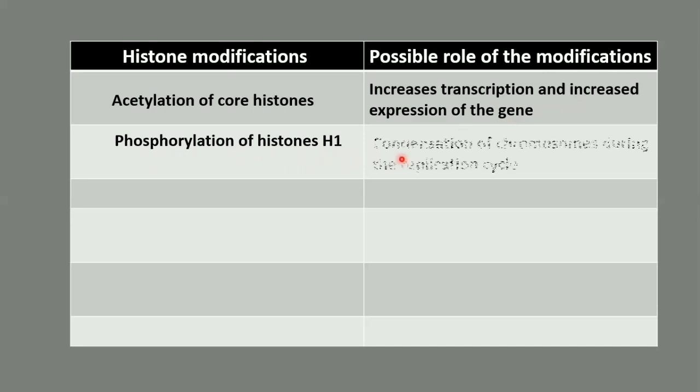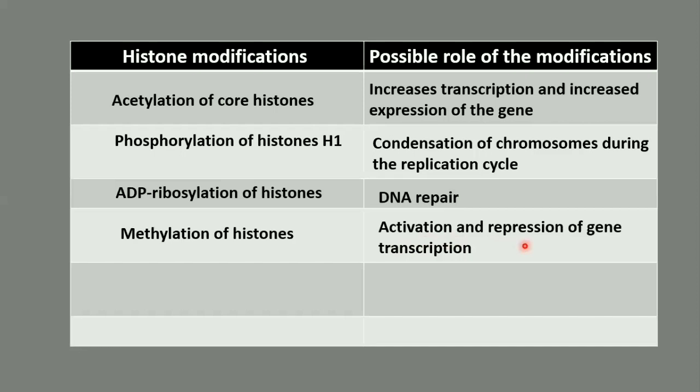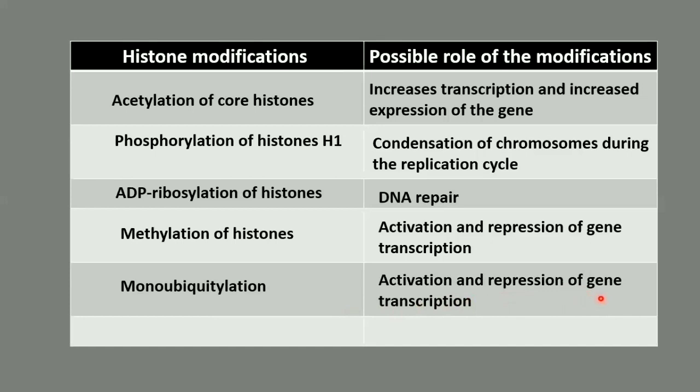Phosphorylation of histone H1 will lead to condensation of chromosomes during the replication cycle, while ADP ribosylation of histones is required for DNA repair. Methylation of histones, we saw, will lead to activation and repression of gene transcription. And monoubiquitination will lead to activation and repression of gene transcription, while sumoylation of histones will also lead to transcription repression.